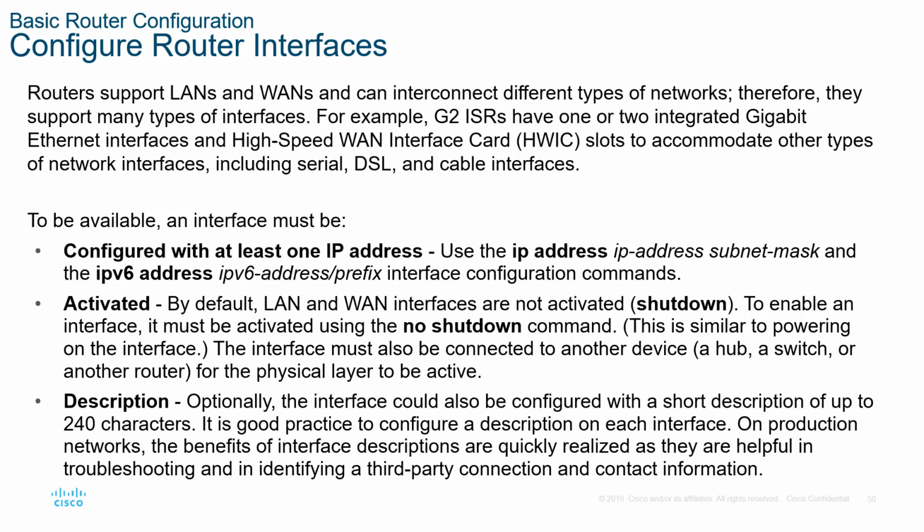Because within the Cisco realm, we're going to be looking at configuring mainly IPv4, but we're slowly going to be introducing more IPv6 configurations on all the devices. You have to turn on the interfaces. You have to have them activated, meaning you have to do the no shutdown command on the interfaces to turn them on. Optionally, you can also set a description on each interface so that you know kind of what they are.